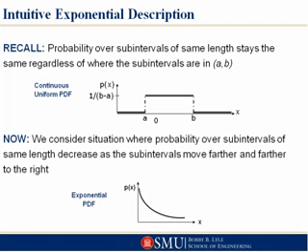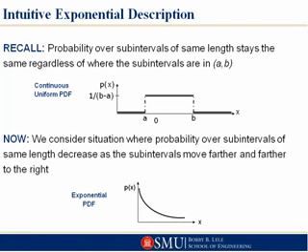That certainly applies to some situations and is used in different ways. But clearly it's not going to hold for a lot of situations. So we next introduce the exponential distribution, where the probability over subintervals of the same length decreases as the subintervals move farther and farther to the right.